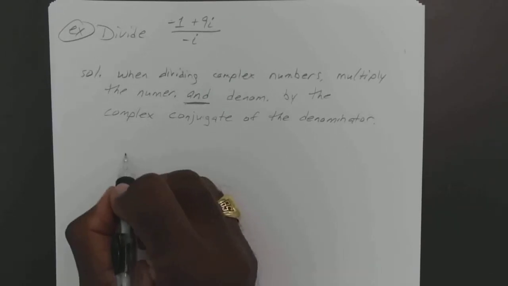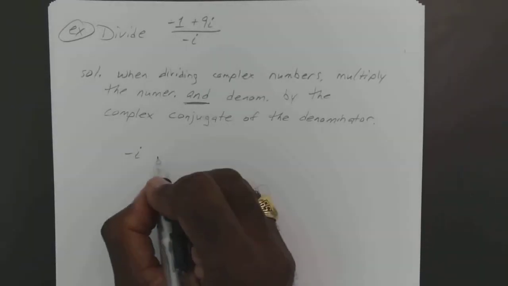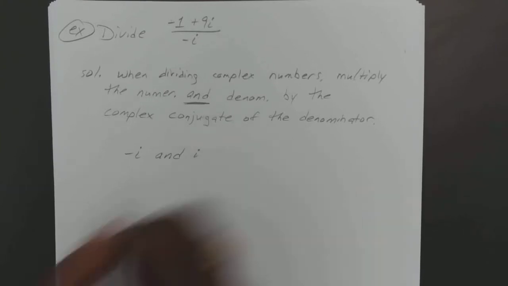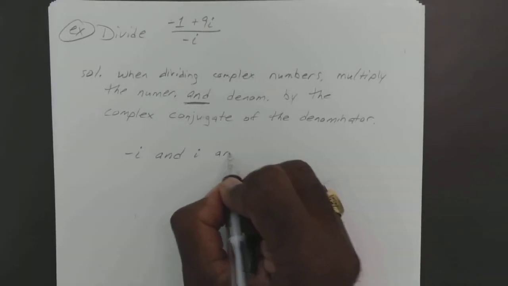Okay, so that means negative I and positive I are complex conjugates.